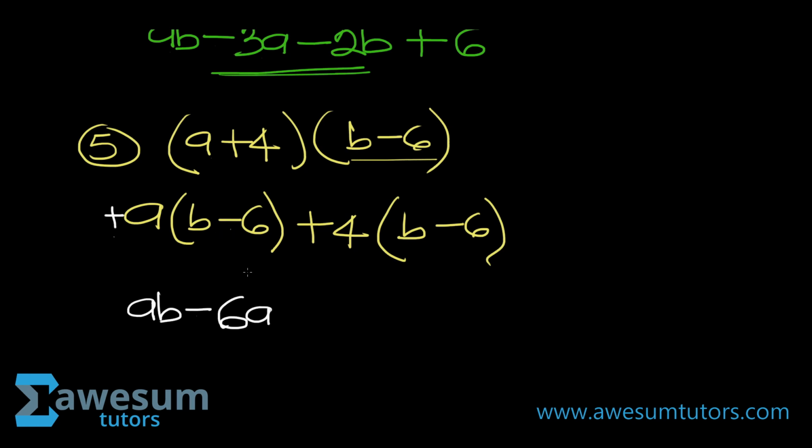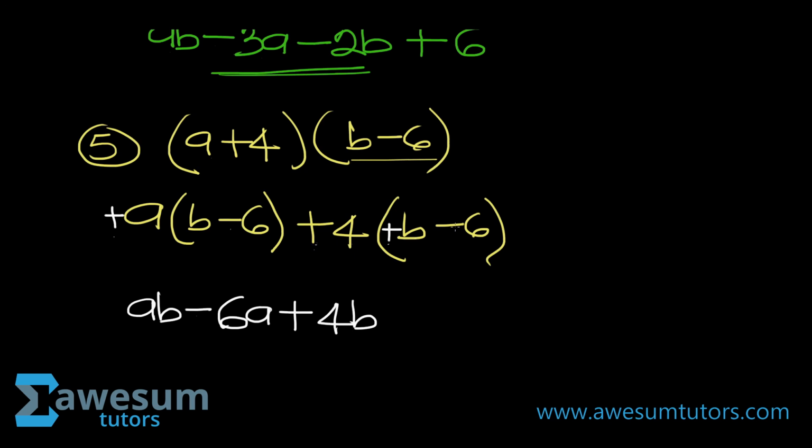A times 6 is 6a. Now 4 times b, that's 4b. That's positive 4b because this is positive right here. Positive times positive gives positive. 4 times b gives 4b.